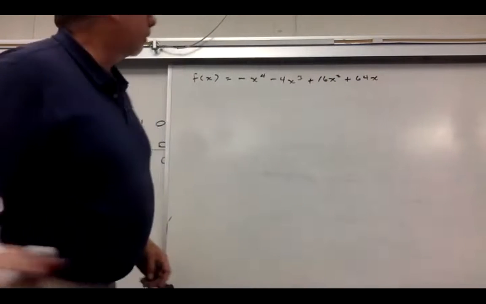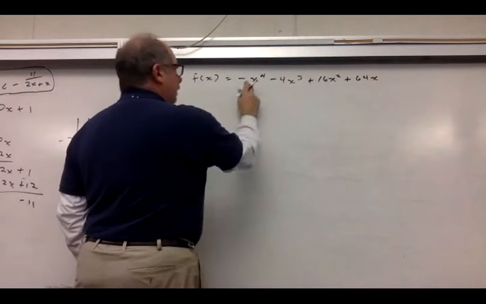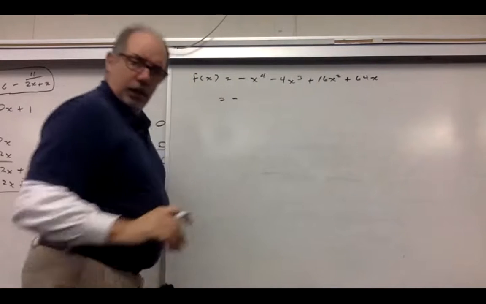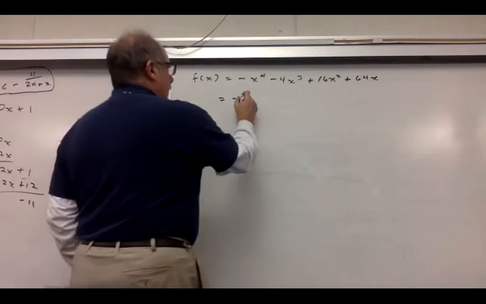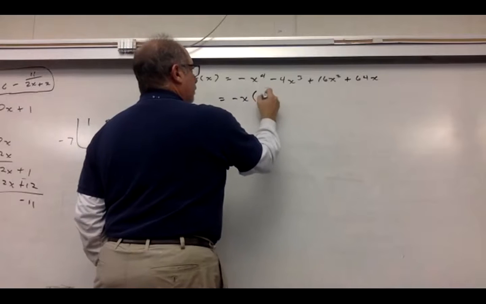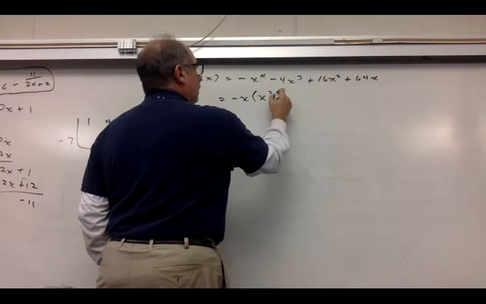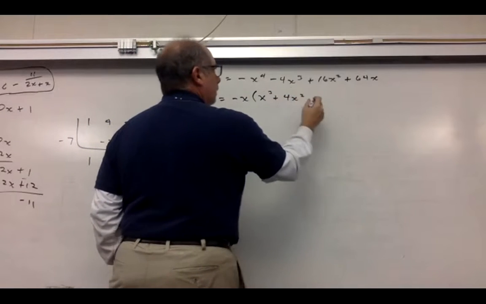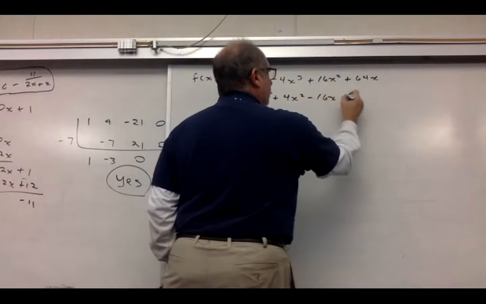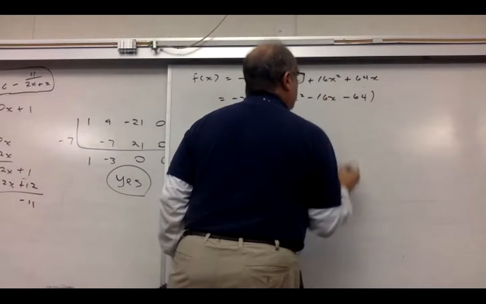Okay, we got to factor this. Well, I'm going to pull a negative x out. Is that what I did? Probably. Yeah, I pulled a negative x out. And I get x to the 3rd plus 4x squared minus 16x minus 64.